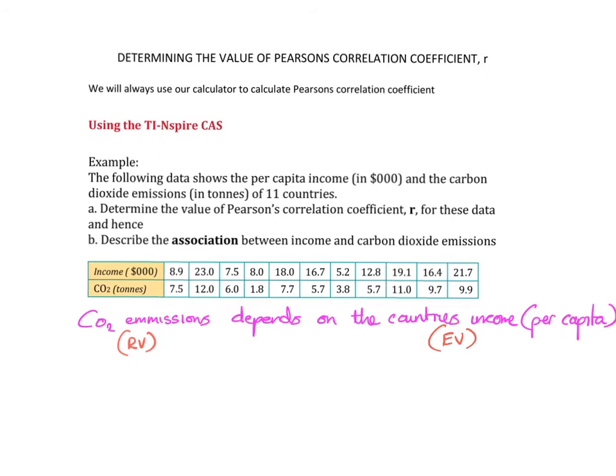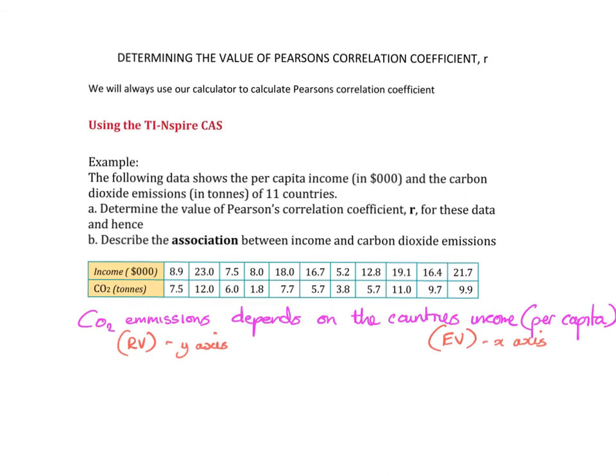So what do we know now? The explanatory variable is going to be on the x-axis and the response variable will be on the y-axis, which is important to know when we're entering this data into our calculator. Now, what do we need to do? The question says find the value of Pearson's correlation coefficient.